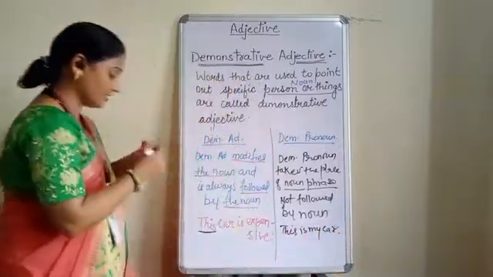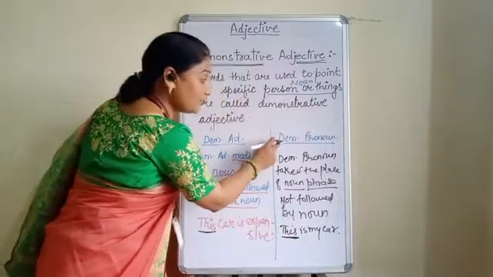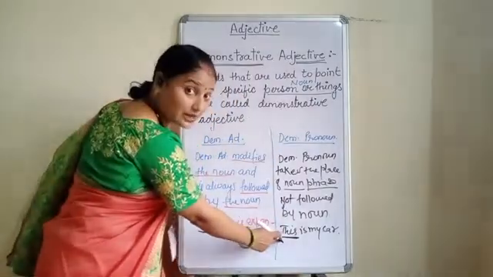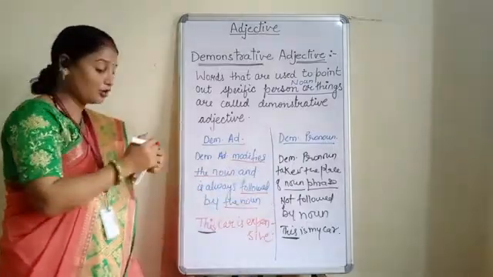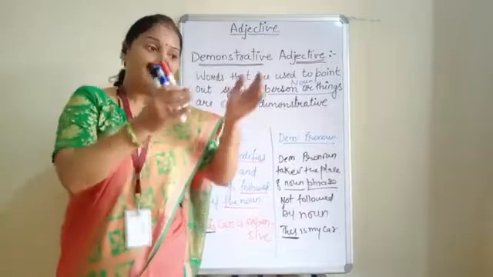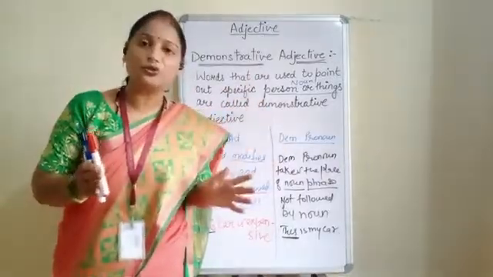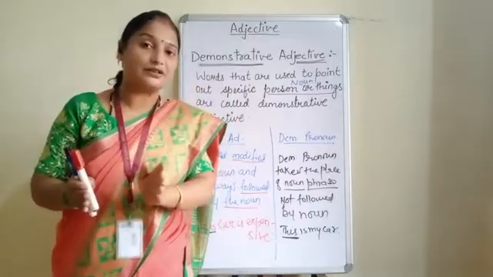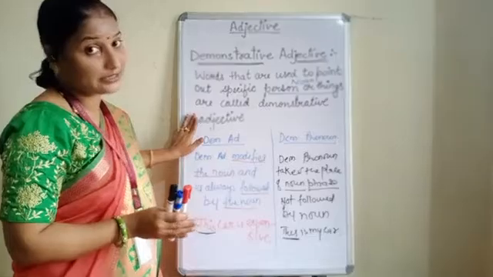Now see children. Here, this is a demonstrative pronoun. This is not a demonstrative adjective. Because, very simple children, if right beside this or that or these or those, some noun is given, then that will be your demonstrative adjective.